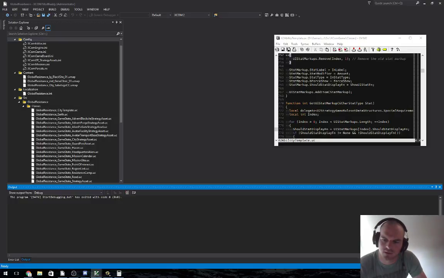That's cool. So global resistance. So strategy asset structure definition. Def, and we'll go for name because we're going to have to iterate through them. So local name, structure name.